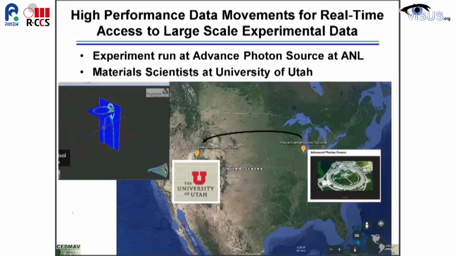So this is a test that a couple of months ago Steve has run from Argonne National Lab. It's a nice example of doing things geographically. They were acquiring data from a synchrotron light source, APS, near Argonne, so it's near Chicago.